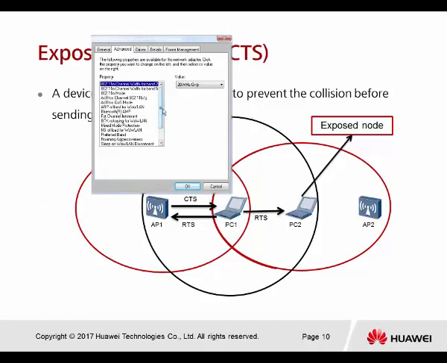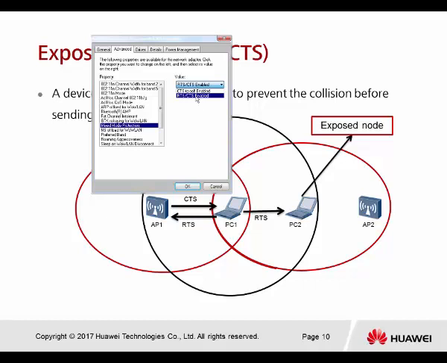From this advanced section, in this place, is the mixed mode protection inside our PC. You'll notice they have the RTS and the CTS. They have two modes for us to select: CTS to self enable, or RTS CTS enable for both. So this is what happens depending on which one you select.